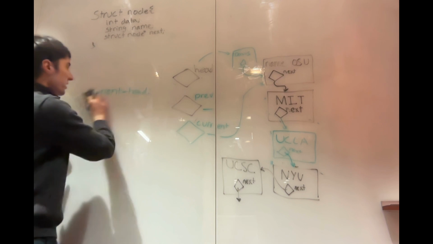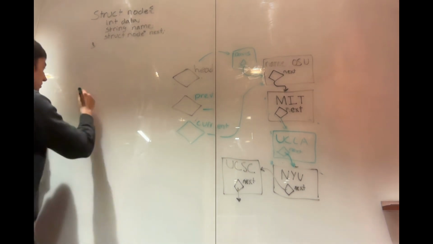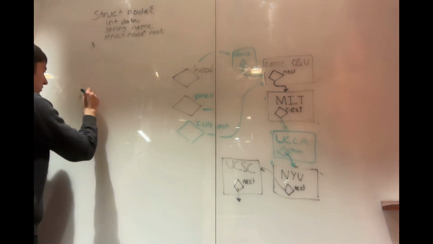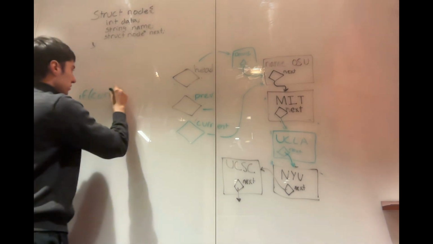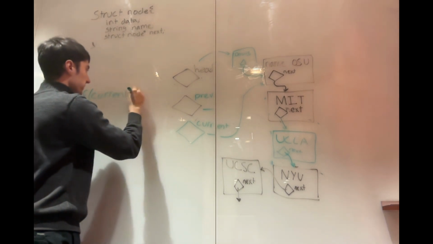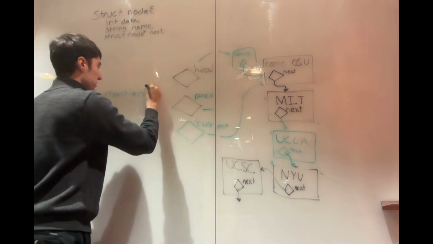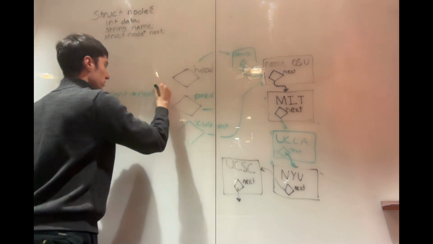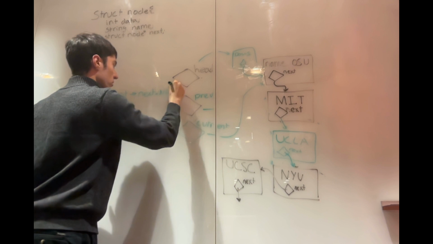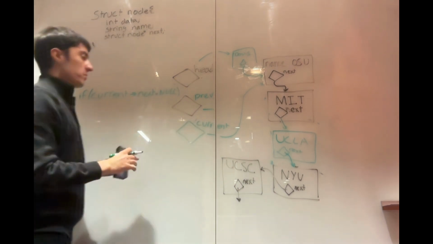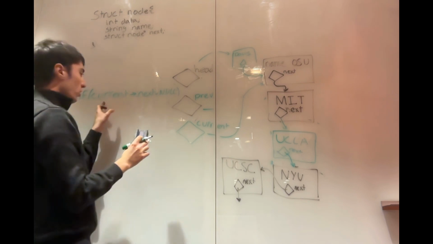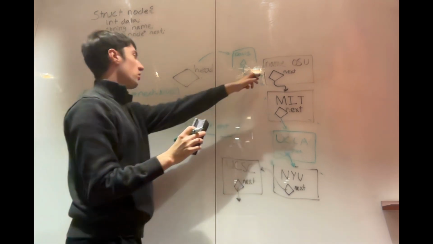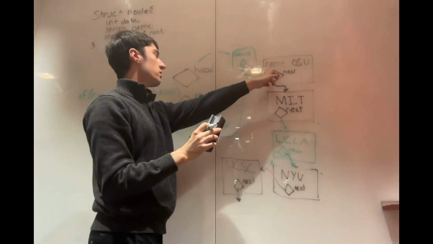Well, that's pretty easy. So if current next equals null. So what's this going to do? It's going to go to current and access the next.